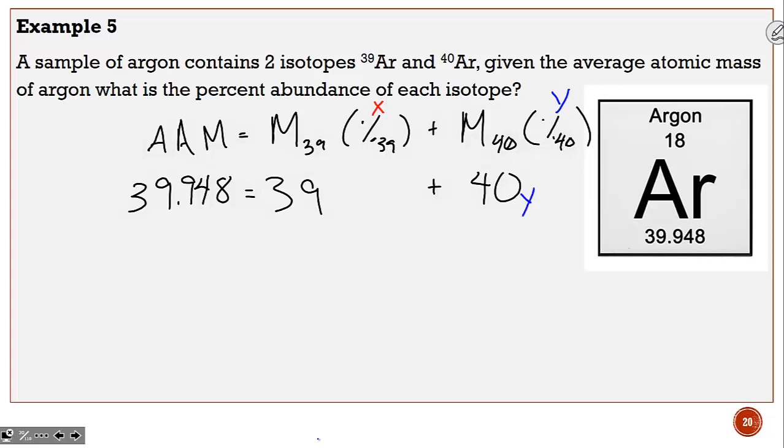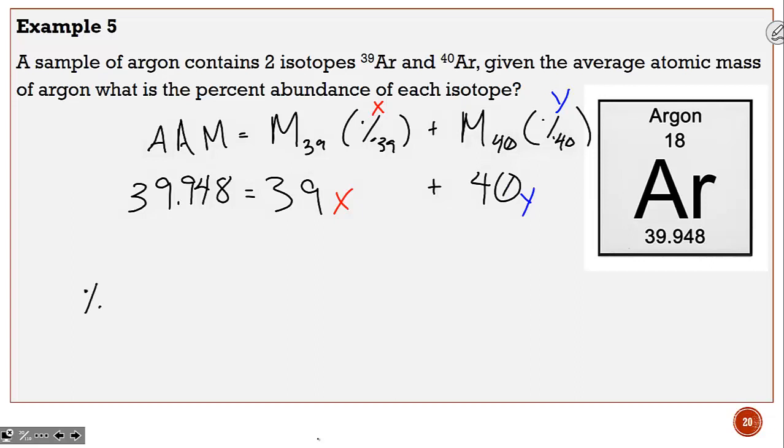So now you have 2 variable math. You've got 39x plus 40y has to equal 39.9. You can't solve 2 variables. You have to get one alone. You have to isolate one. But what do we know about percentages?